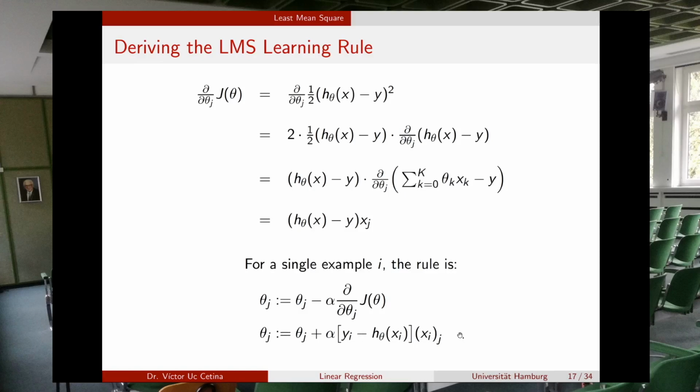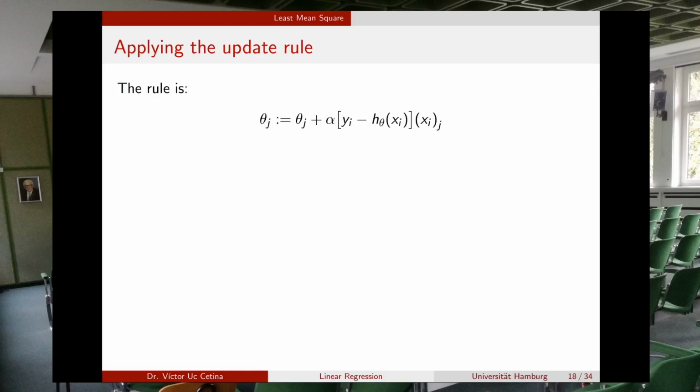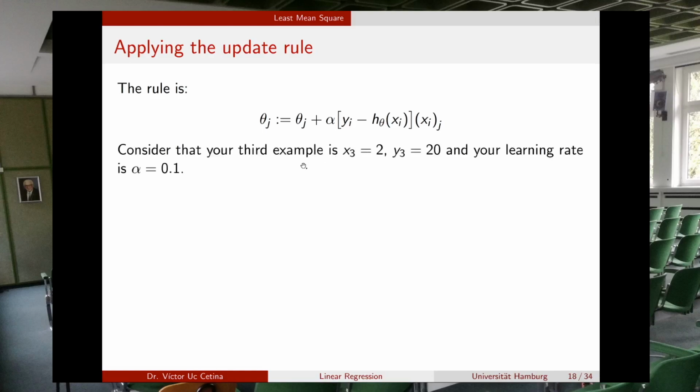Now let me explain a bit how you need to apply this rule. So this is the rule. Now suppose that we have some points that are going to be used for linear regression. Suppose that our third example is x3 equals 2, and the output for that is 20, y3 equals 20.